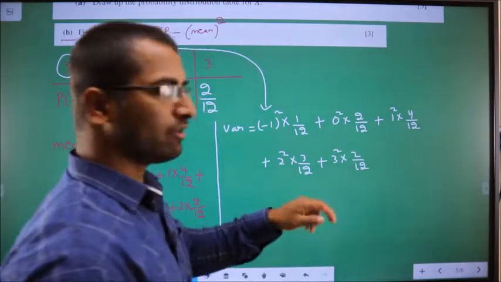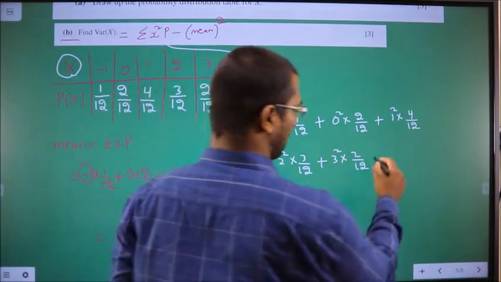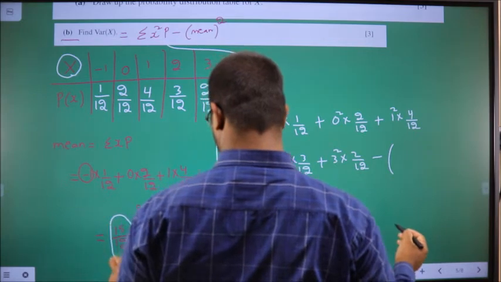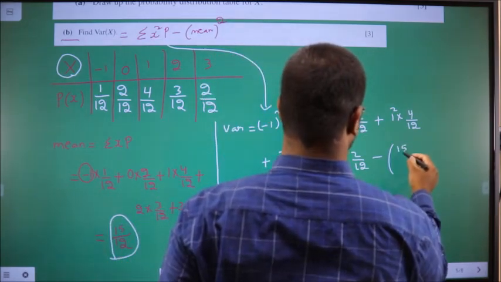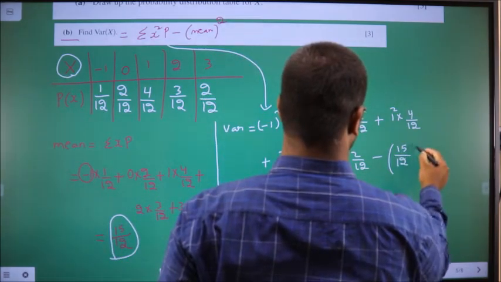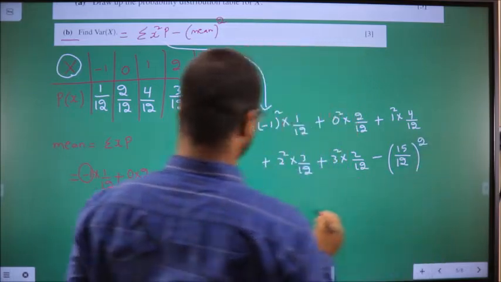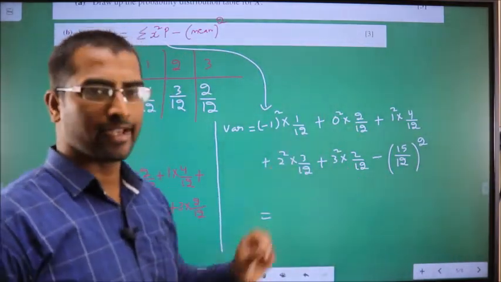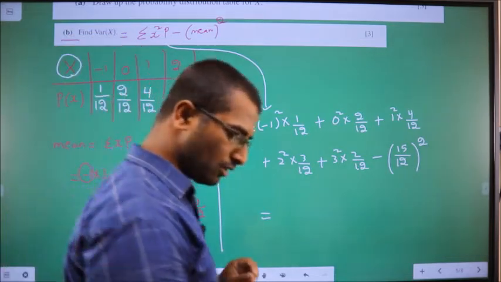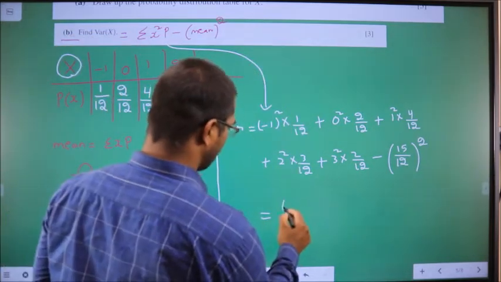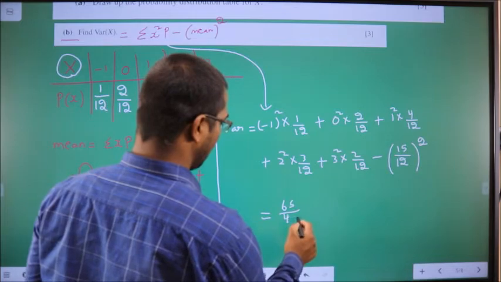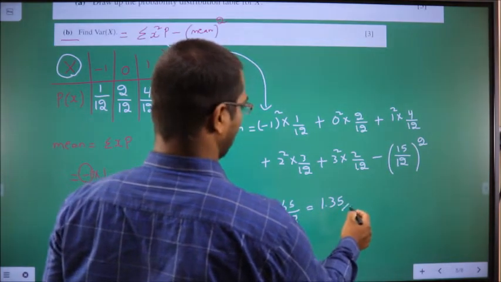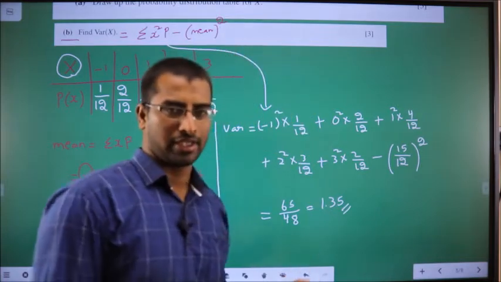These are the values of x square into p. Minus mean square. Mean we got it to be 15 by 12. You write that over here. 15 by 12 whole square. Put this entire thing in the calculator. You should get the answer to be 65 by 48. That is nothing but 1.35.